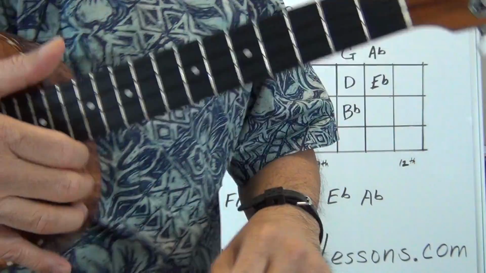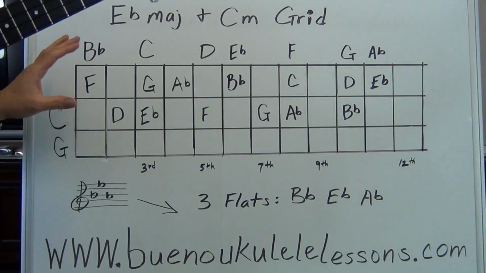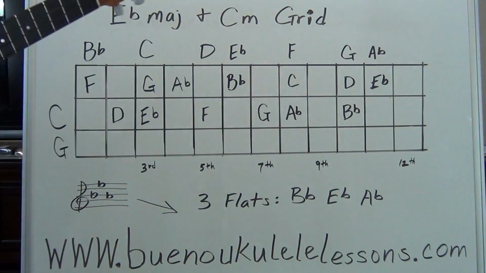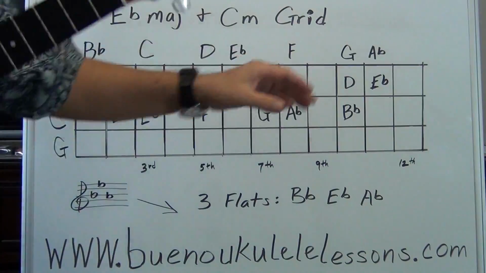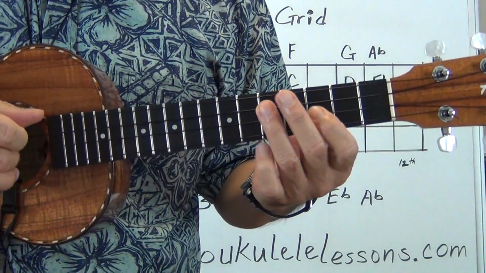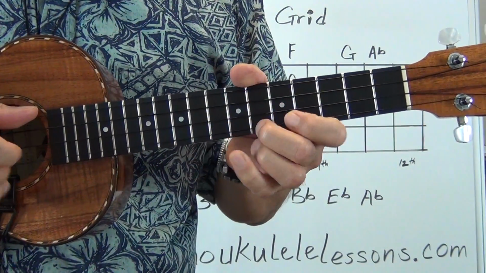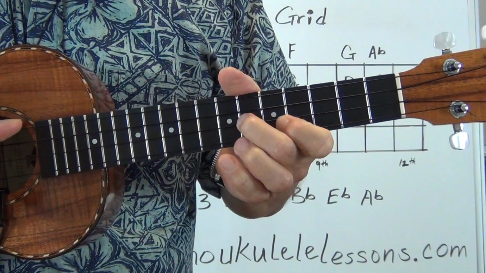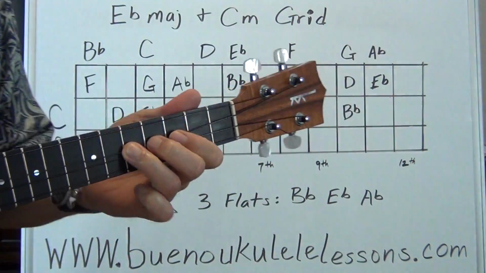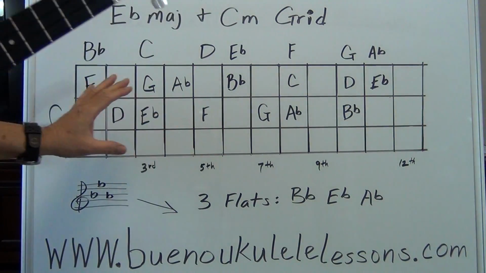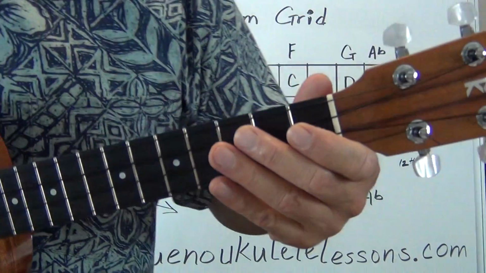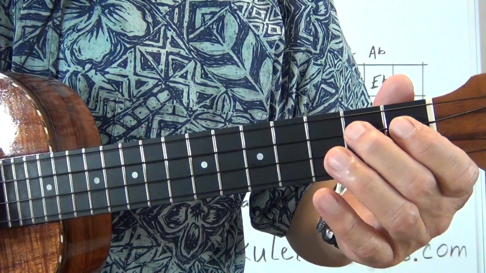Okay, so that's the whole idea. What you want to do is, if you can envision the whole fretboard, because that's the goal. The goal is to envision the whole fretboard so you can utilize it in your playing. But if you can't do that, break it down into sections. For instance, first section is the C minor.